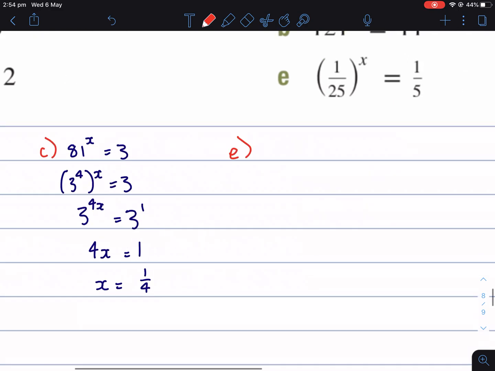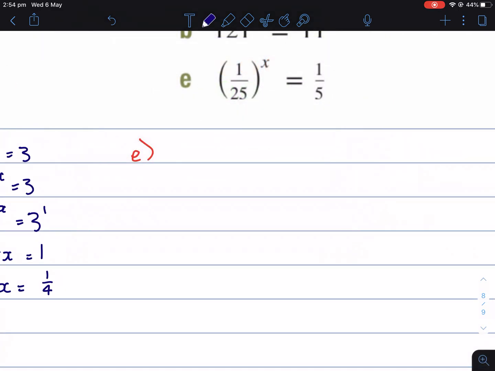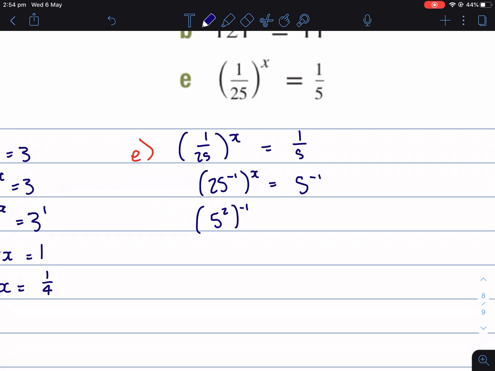Question E. Now this is the same as 1 on 25 to the x equals 1 on 5. Now this is the same as 25 to the minus 1 to the x equals 5 to the minus 1, which means I've got 5 squared to the minus 1 to the x, 5 to the minus 1.